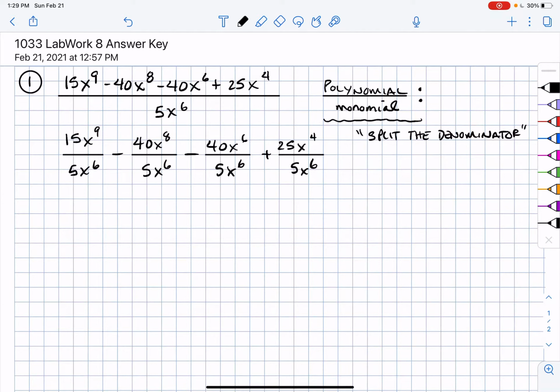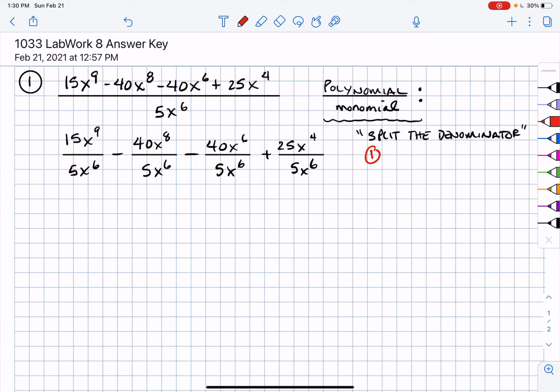So essentially, when I'm adding, subtracting fractions, right, I need common denominators. So what we typically do is add or subtract the top and keep the bottom. So this would be the same idea. If I go and add these fractions together, I'll get that original question back again. So don't go in that direction. Keep on going. So now you're going to reduce each fraction individually.